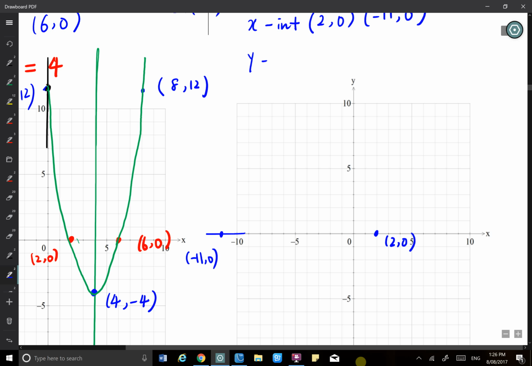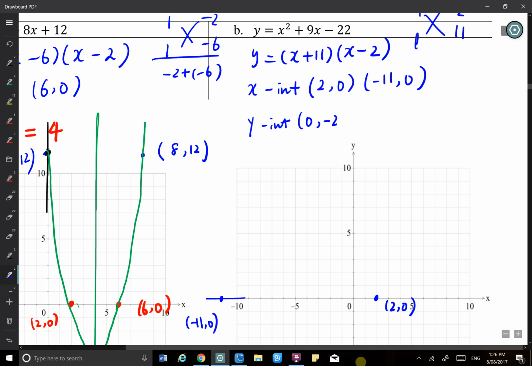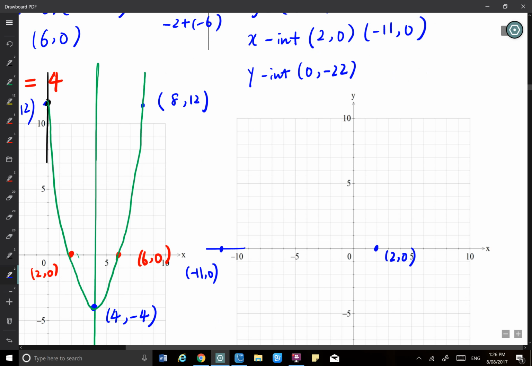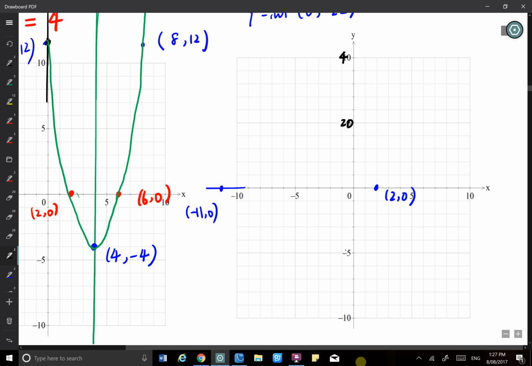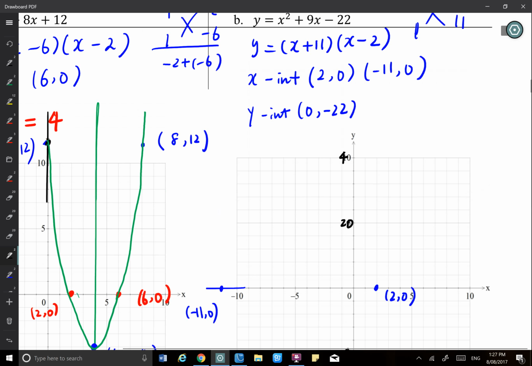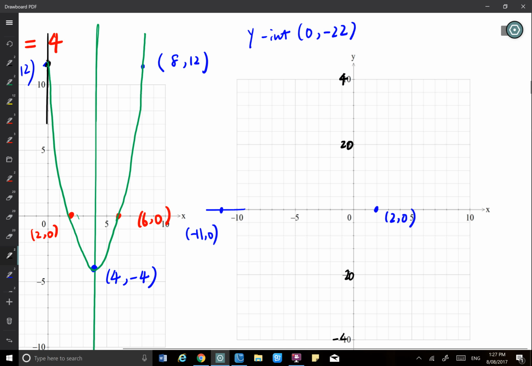We can see the y-intercept directly from the original graph, which will be 0, negative 22. Well, I will change the scale a little bit. Okay, this graph is quite weird. That's a 40, and let's make that a 20. That's a minus 20, and that's a minus 40. So I have 1, 2, 3, 4, 5. Each scale is 4. So what I want to have is 0, negative 22.